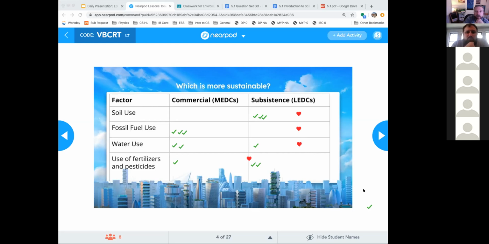And so if we were going to put human labor on here, which would be more sustainable? Like the amount of effort that it requires on the part of a human or humans to sustain a commercial farm versus a subsistence farm, which seems more sustainable?